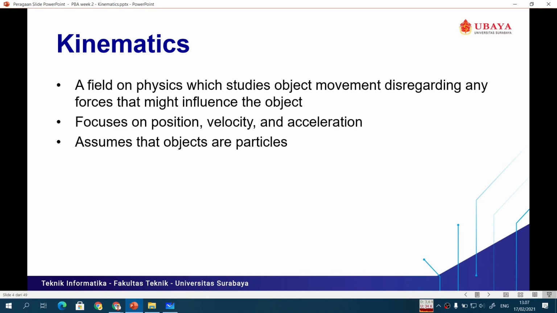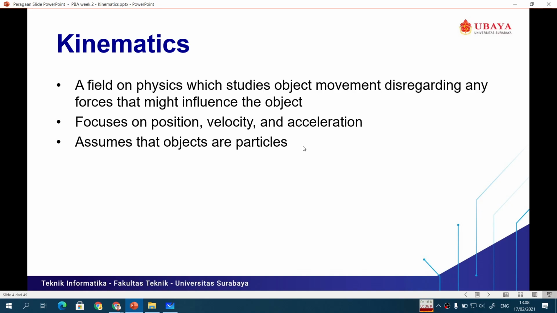In real life, an object may move and be influenced by some forces, for example a push force, another force, gravity as well. But for kinematics, we will simplify. We will only look at the movement of the object, so we only focus on position, velocity, and acceleration.